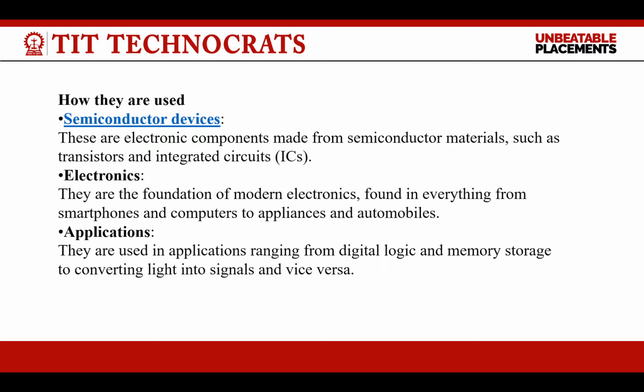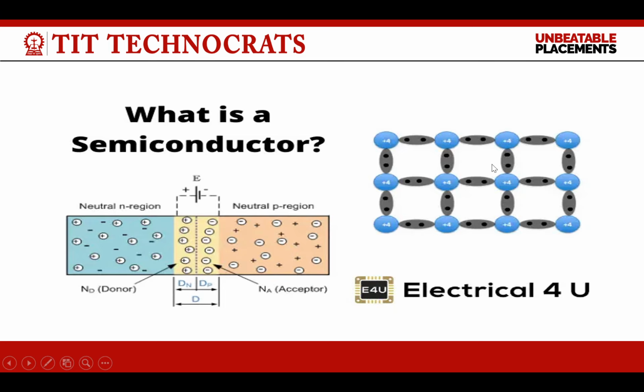And their application ranges from digital logic and memory storage to converting light into signal and vice versa. This is the diagram of a semiconductor in which the N region and P region are connected with the depletion region.